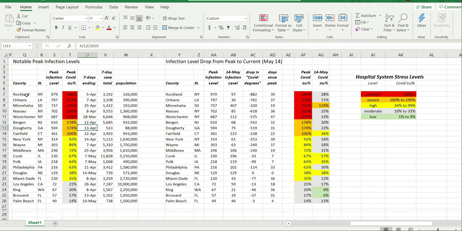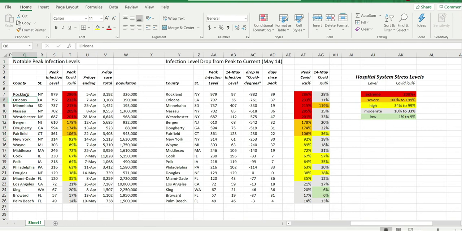After that, you had Nassau County, which is down right near Manhattan, peaking 3 days after Rockland, and then Manhattan itself 6 days later. Okay, so you can almost see how it spread throughout the New York City area. But thank goodness all of these now are down into the moderate impact. Nassau's down to 25%, Westchester 33%, and Manhattan 18%. So that's the result of social distancing, of doing a great job of getting it down.